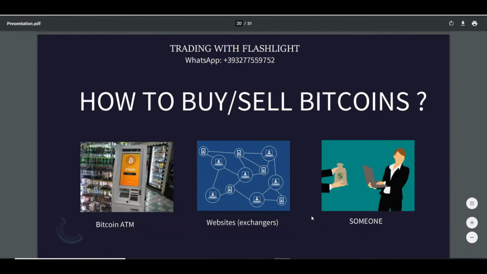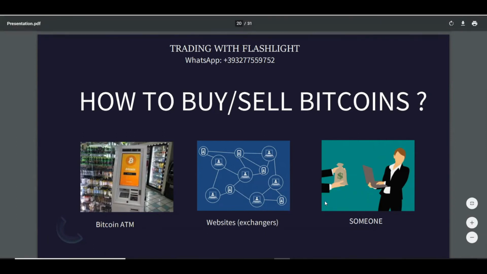The difference is the rate, because all of them have different rates. When you are buying and selling Bitcoins, you need to pay attention to rates, because each of them has their own rates. Let's say you can buy $100 at $105, so they can have 5% of rate. These guys can have 10%, and this relative can have 15%.